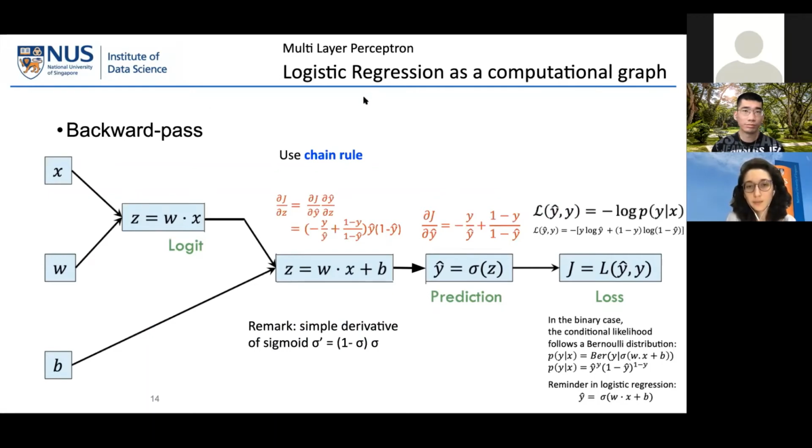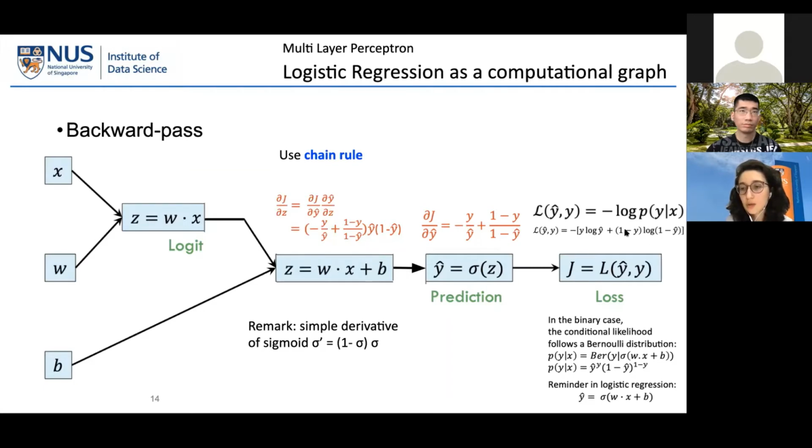Now we can see training and gradient updating, parameter optimization, as the backward pass. Let's talk about the backward pass. So you have a loss here.